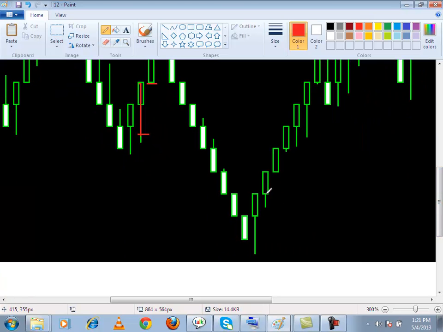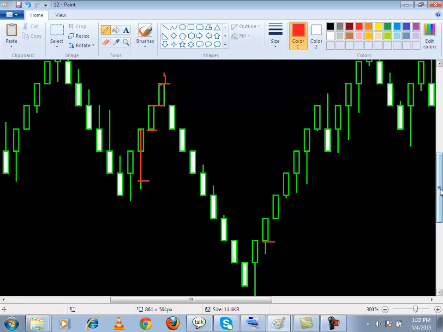Second, the price is somewhere over here, so this is the first candle formation, so it will be a buy, then here will be a buy, here a buy, here a buy, here a buy. But you can see that the price has traveled one candle distance.